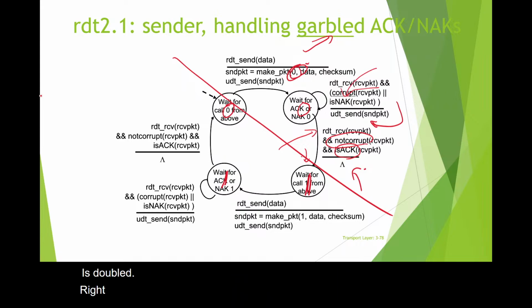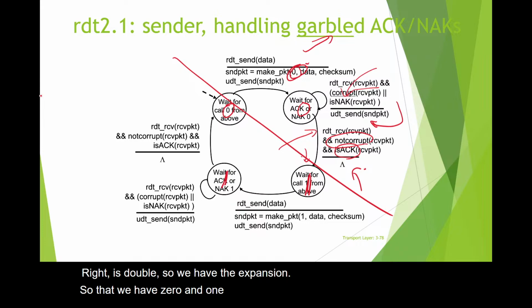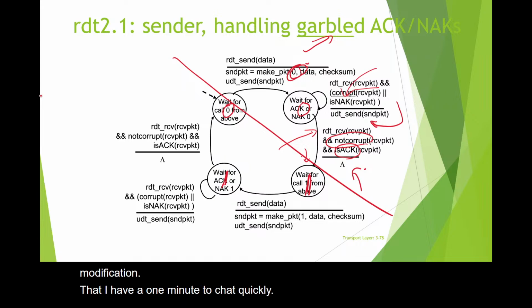So we have the expansion so that we have 0 and 1 simultaneously. Well, about the current modification, let it have 1 minute to check quickly. Okay, check the current finite state machine for version 2.1.